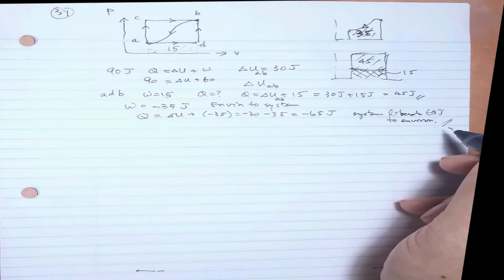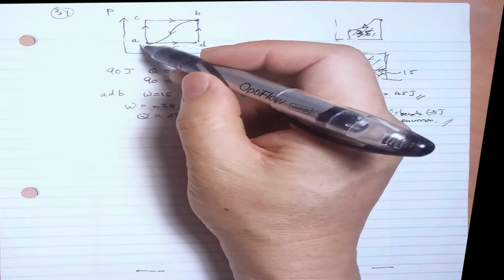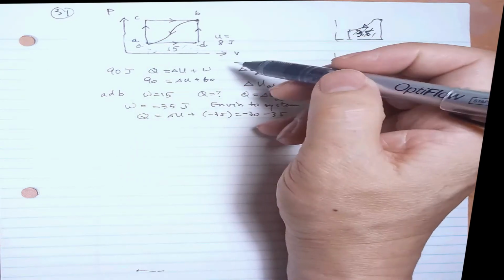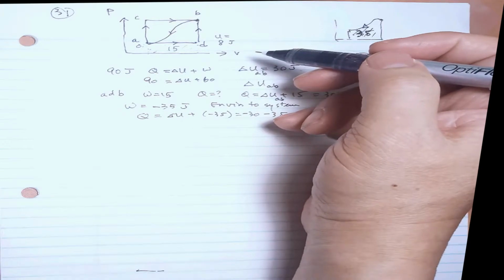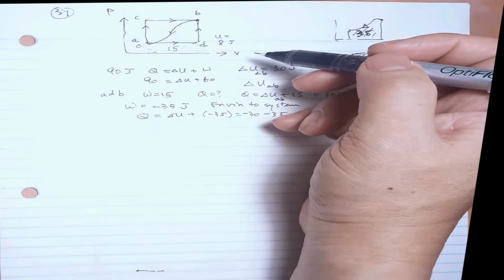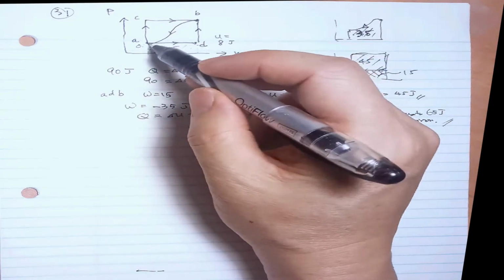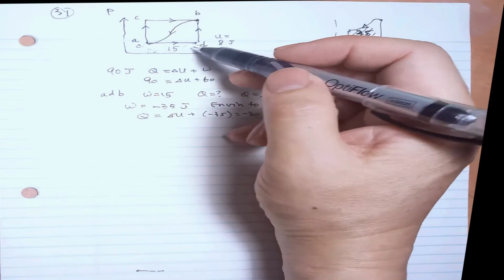And part C, if U of A is 0 and U of D is 8 joules, internal energy, find the heat absorbed in the process AD and DB. From AD, which is from here to here, what is the heat absorbed?